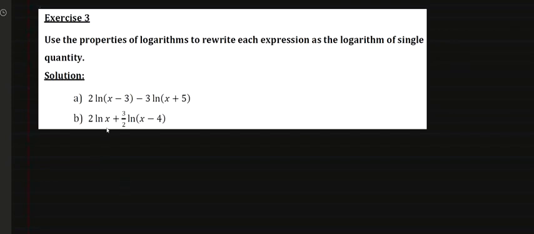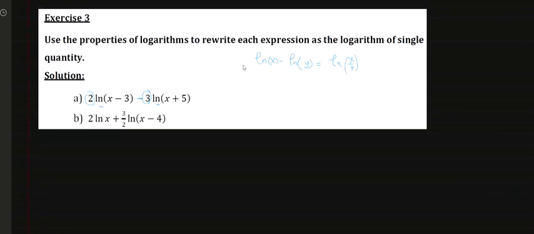Okay, so we have here this number beside the ln and two ln functions separated with a minus. So what do we do first? We need to be left with the minus in order to say it's ln x minus ln y, for example, which can be rewritten as ln x over y, right? This is what we want.